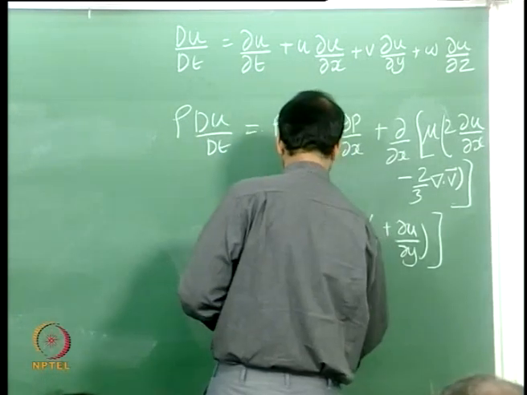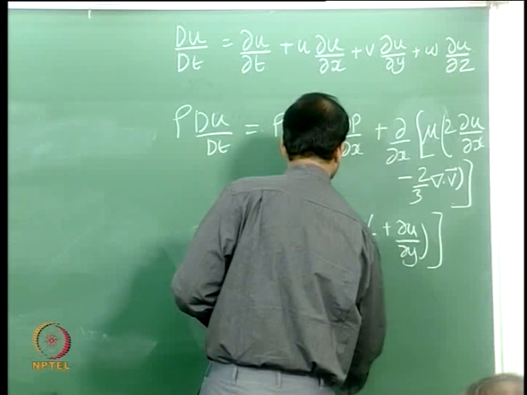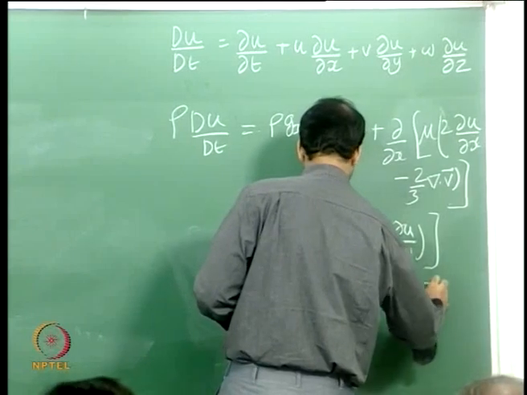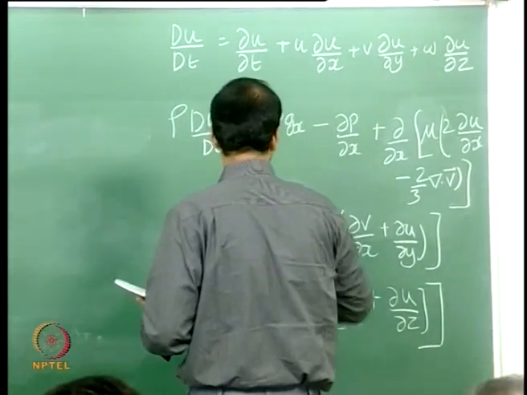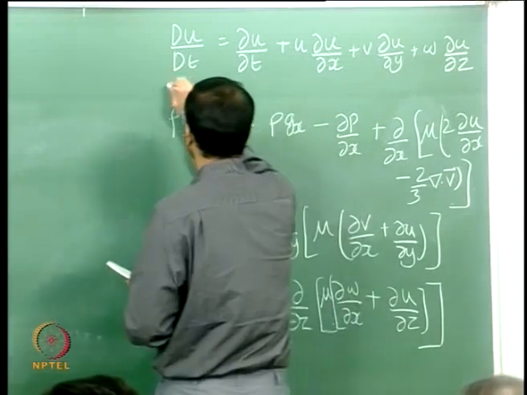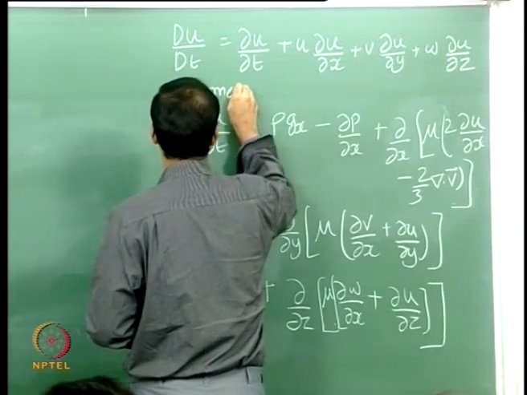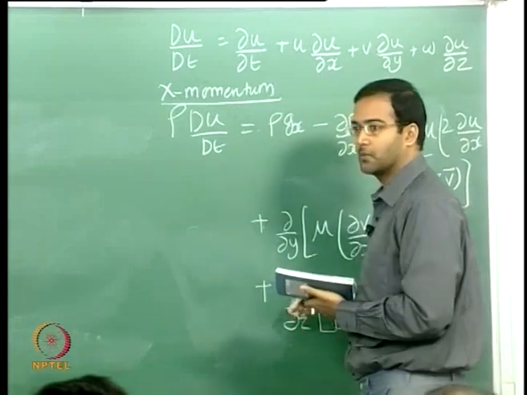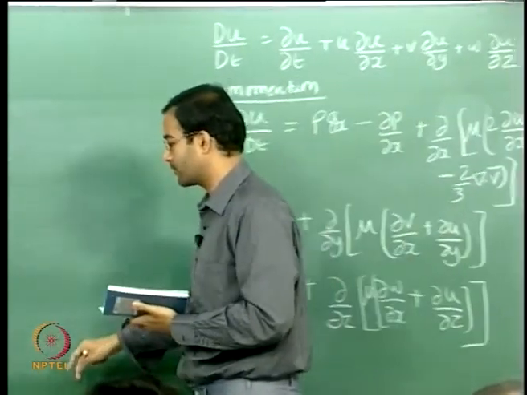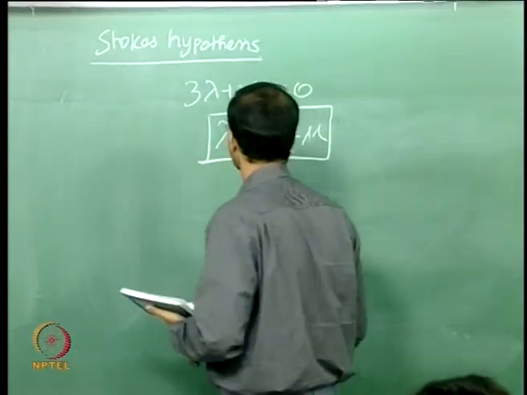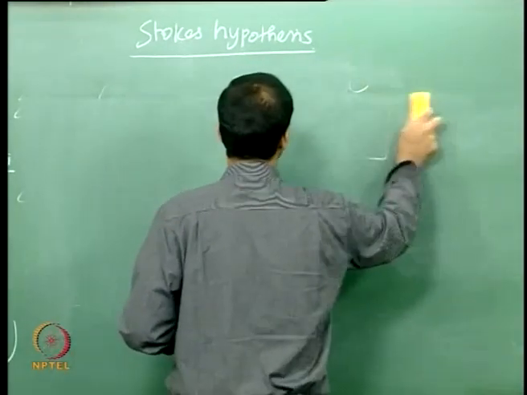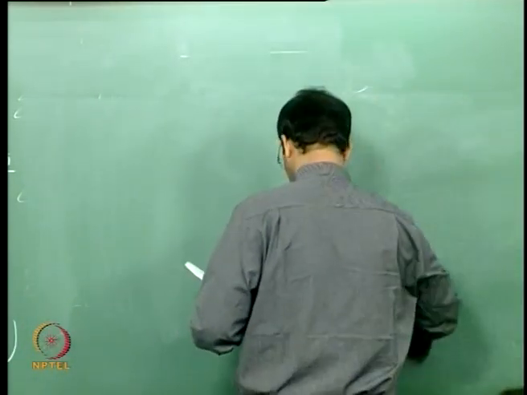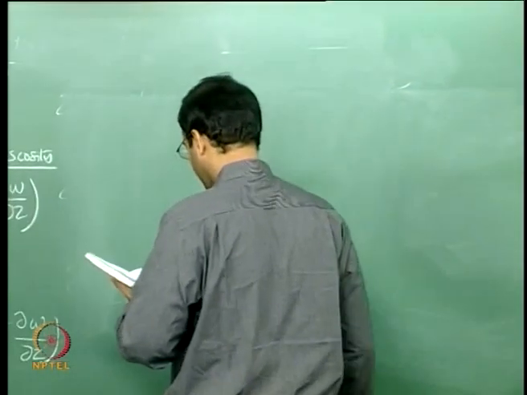That will be nu times dw by dx plus du by dz. So it's a very lengthy expression. This is the x momentum equation, which is coming to a more familiar form, right? So we started with putting the stresses, and now we have invoked the approximation of Stokes and the Newtonian fluid, and finally we are writing this in terms of strain rates. So we will simplify one by one gradually.